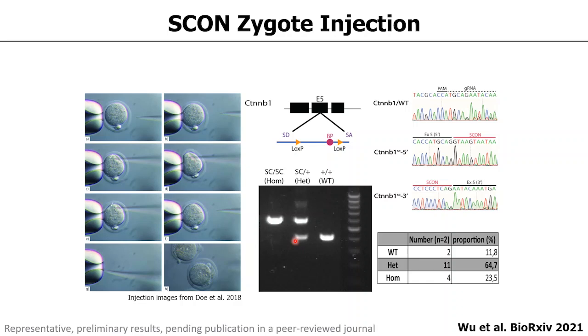With that success, we moved on to mouse genetics, generating mice to knock out beta-catenin, called Ctnnb1, using the SCON method. We made the SCON intron flanked by very short homology arms of about 50 base pairs each.